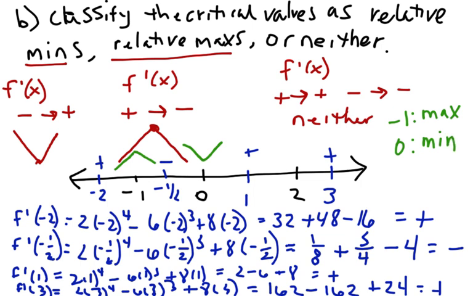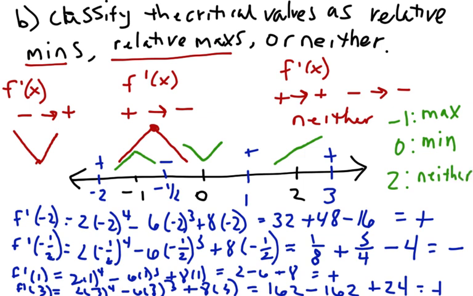Now, at the critical number 2, I have positive slope before it. I hit 0, but then I also have positive slope again. So there might be a little jog in the graph there, but it's not going to turn around and go the other direction. That means that at 2 it is neither a maximum nor a minimum.